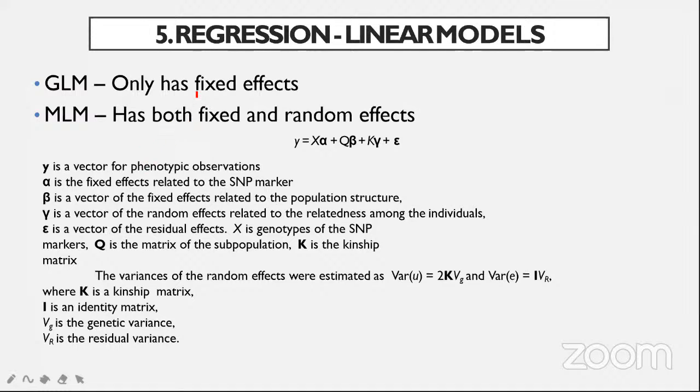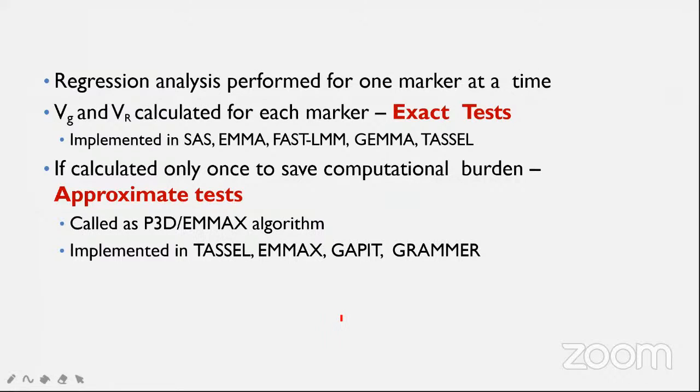GLM is only when you have fixed effects, and MLM is only if you have both fixed and random effects. So your phenotype Y is linked to your marker, your structure, your kinship, and an error term. So let's not worry about all these terms. This is a common thing that you see in papers, so I just included that.